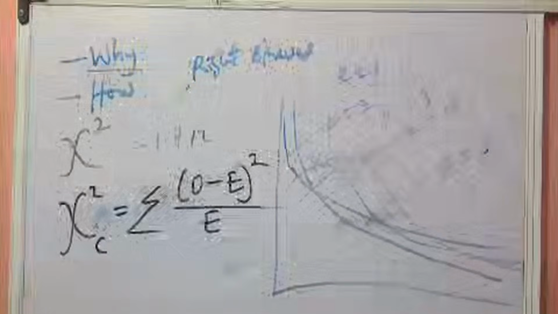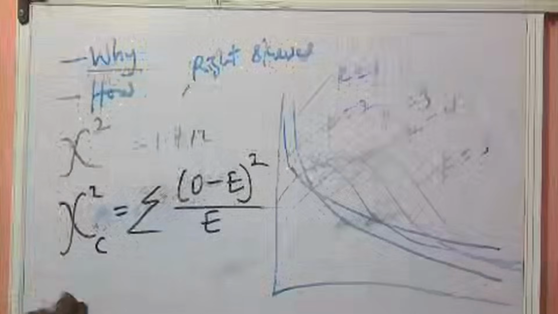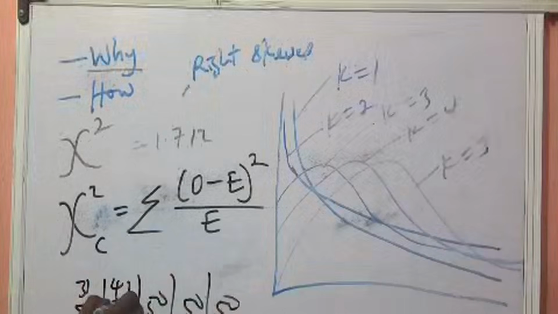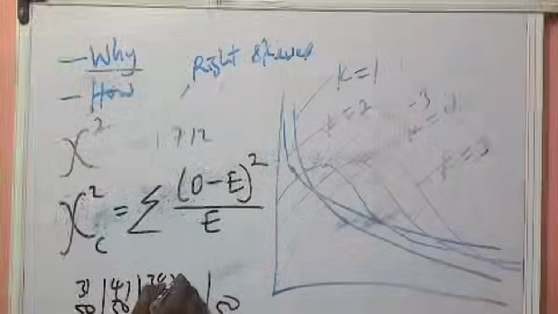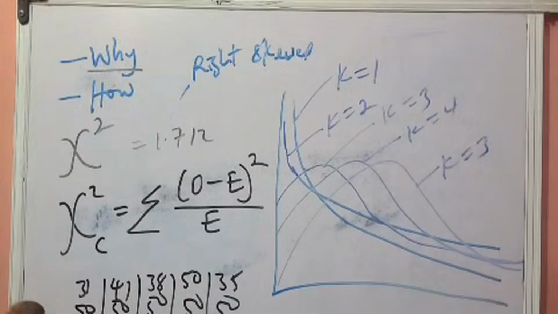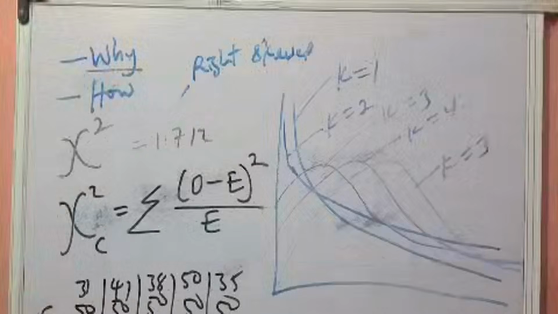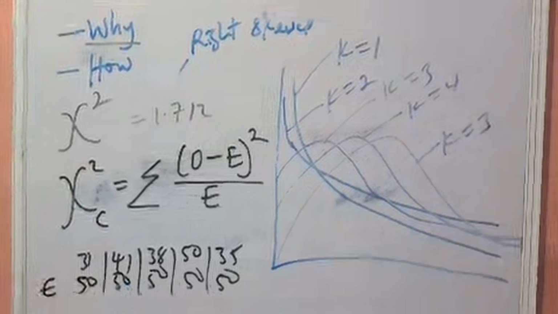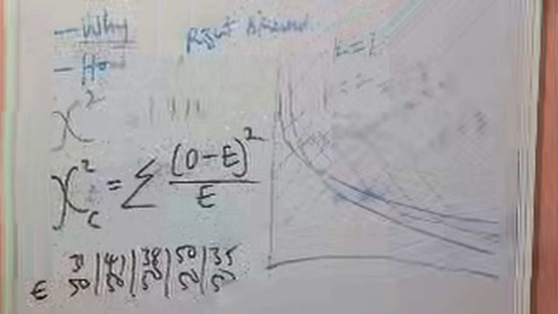So if you had, like I gave you earlier, 50, 50, 50, 50, and 50, and let's say 31, 41, 38, 50, let's say 35, let's say, for instance, we have this. Of course, this is the expected, and the one right on top is the observed.